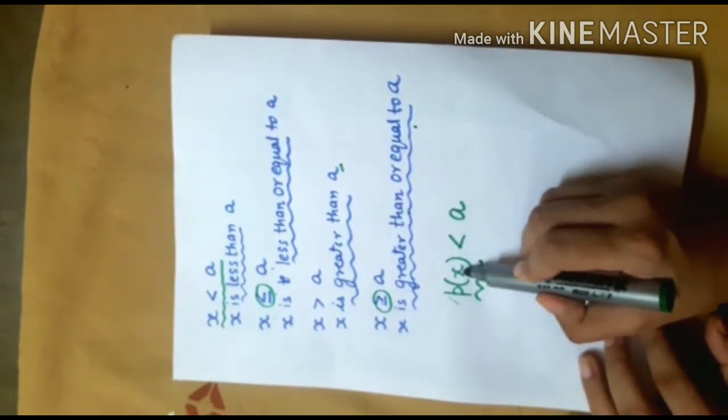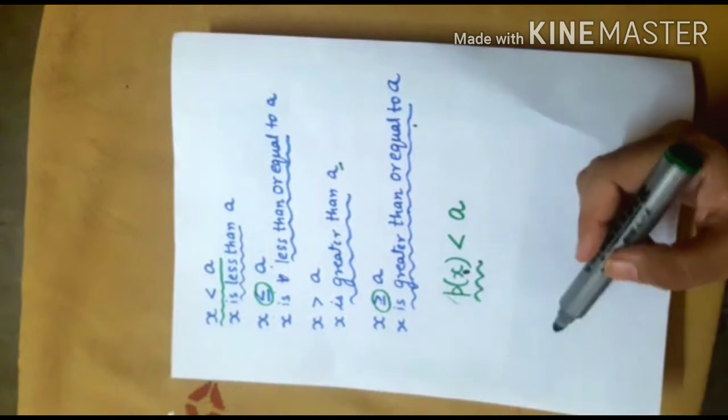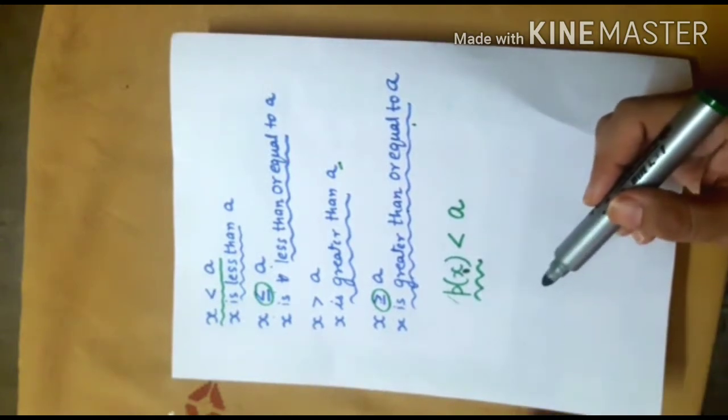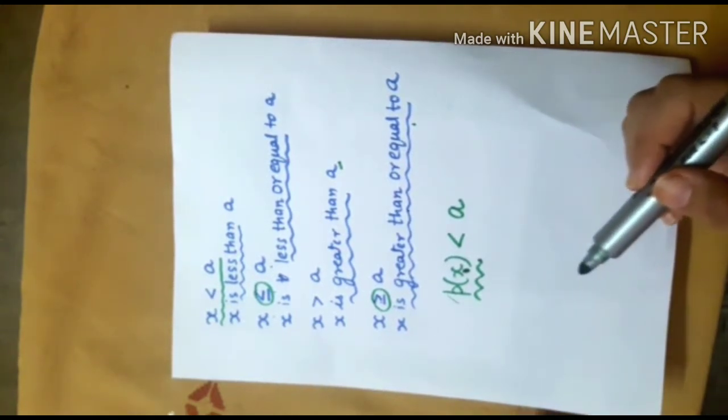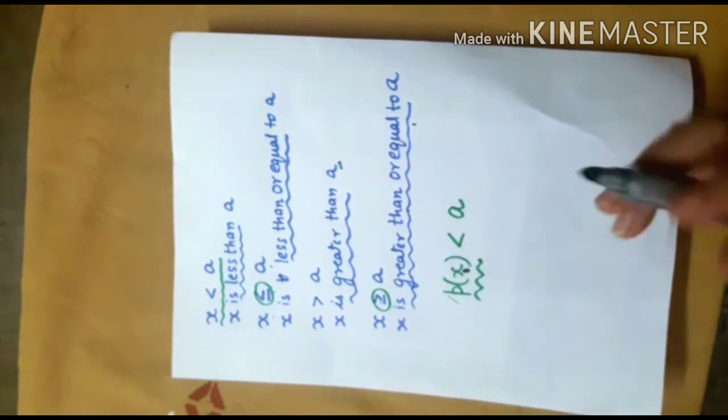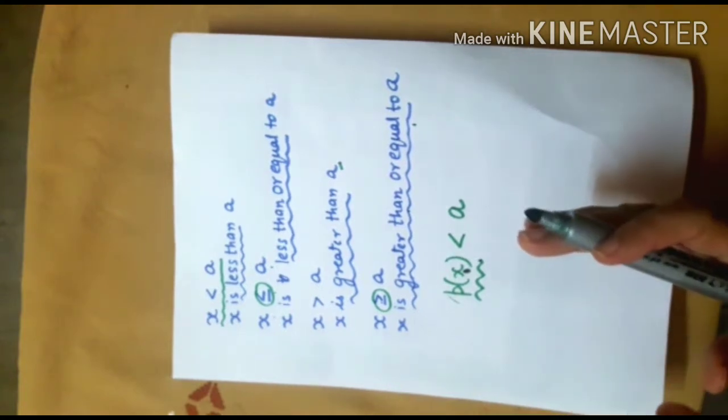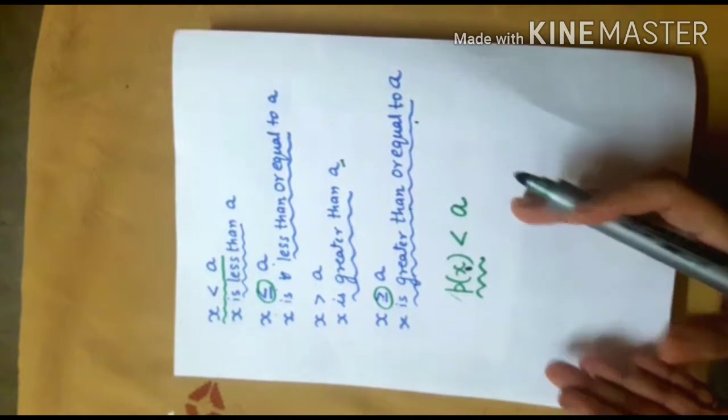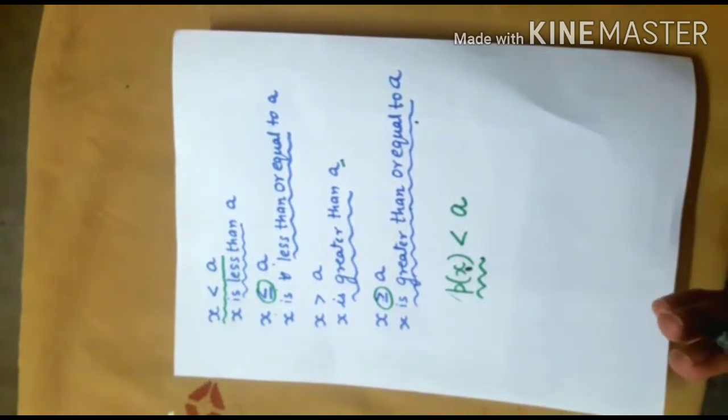If the degree of this polynomial p(x) is 2, we say that it is a quadratic inequality. And if the degree is 3, we say that it is a cubic inequality. So in this chapter, we shall restrict ourselves to the study of linear inequalities.